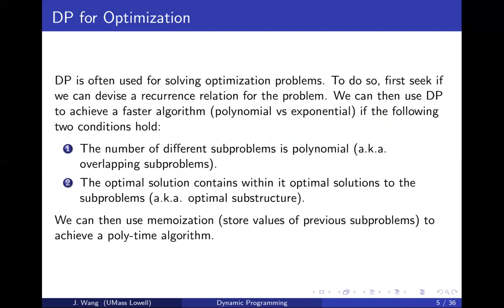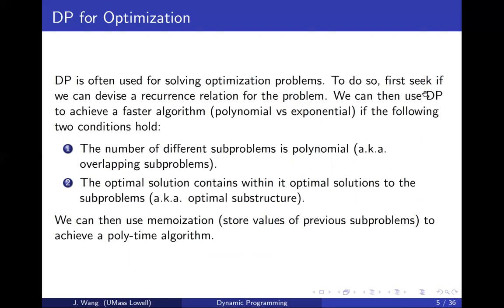Okay, so we have seen an example. As I said, in reality, there are many recurrence relations when we write programs or when we design algorithms. So dynamic programming is a way to handle recurrence relations by using a storage. DP is often used for solving optimization problems.